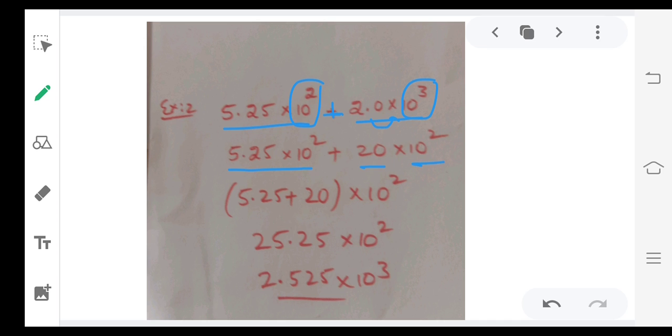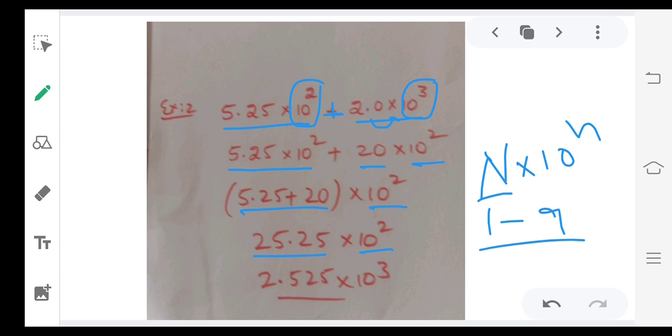Now the exponential forms are the same, that's why we group these numbers: 5.25 plus 20 into 10 power 2. So this is 25.25 into 10 power 2. But 25.25 is not scientific notation, because you know scientific notation means capital N value into 10 power n, and this capital N must be 1 to 9.